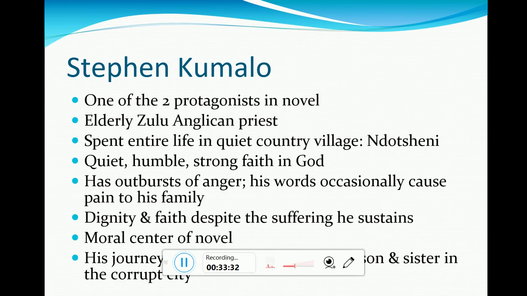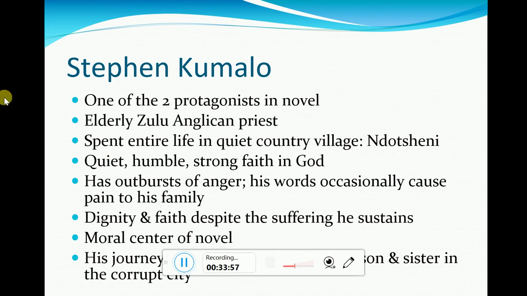It means that the Stephen Kumalo we read about in chapter 1 may not necessarily be the same character we read about in the following chapters. It might be the same person, but due to what the character faces or is subjected to, we get to experience other characteristics of the character himself.